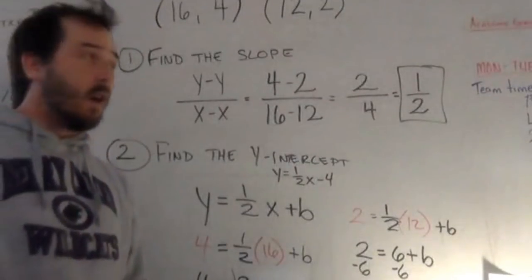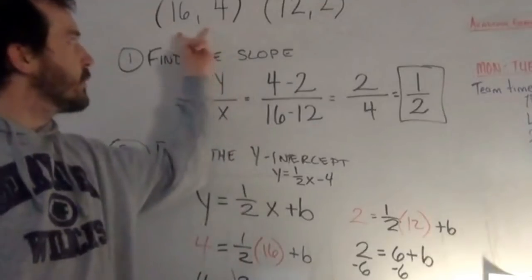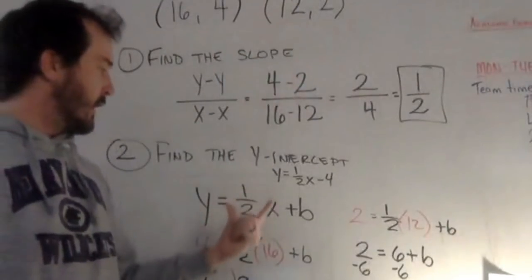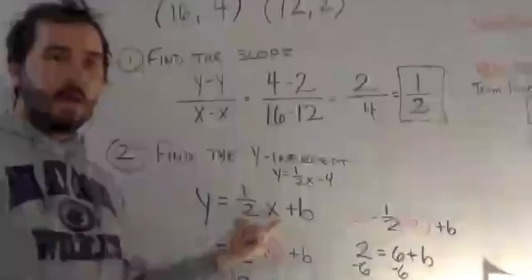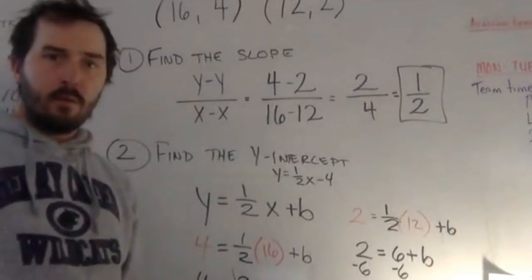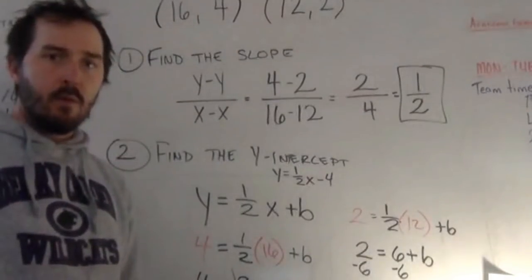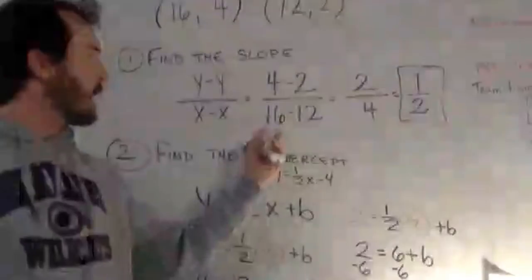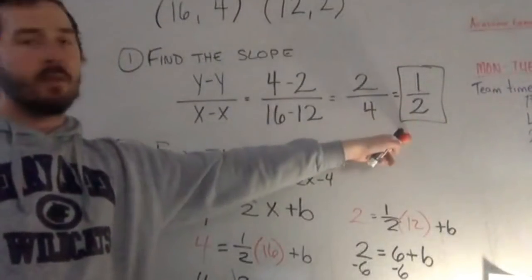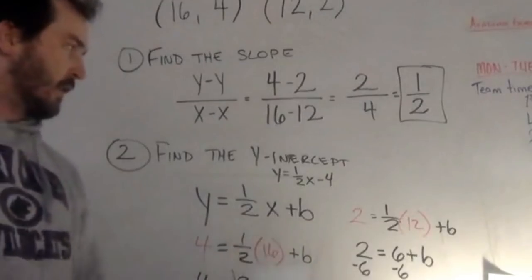So if you want to check whether your answer is right, you can substitute both of your coordinates in this second step. If you get the same answer for b, you know you did the right thing. If you got a different answer for each one, then something happened. I would go back to the slope and make sure you did it right, and then check your math here.